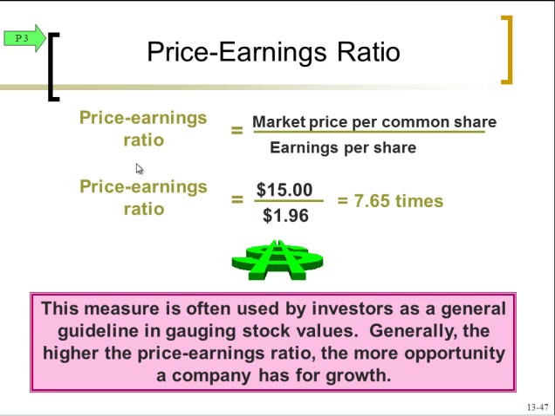So market price per common share divided by earnings per share. Here we're saying that we're paying 7.65 times as much as this stock is earning us back as far as shares. The reason we're doing that is that we see more opportunity for growth. We see more potential for this company. We expect earnings per share to jump in the later years, and we expect it to be there for several years.